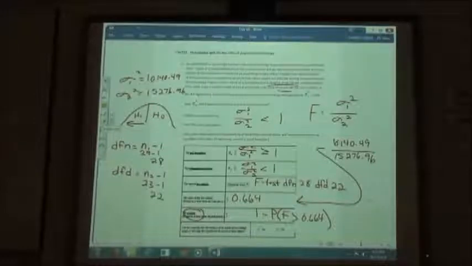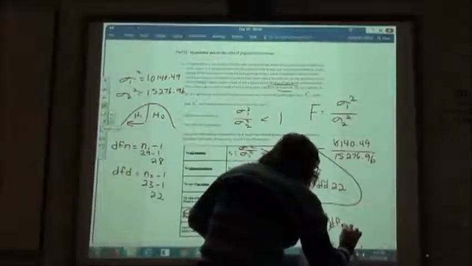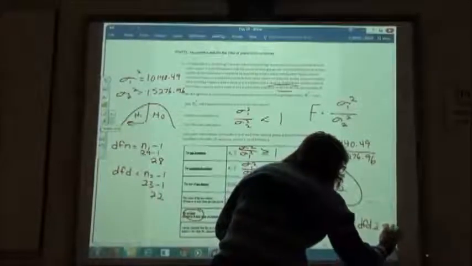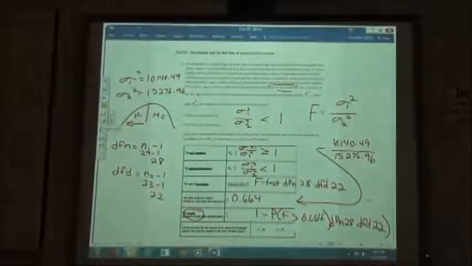So if you do 1 minus p of f is greater than 0.664, whoops, I forgot my degrees of freedom. Degree of freedom in my numerator, 28. Degree of freedom in my denominator, 22. I tried to forget those last time, too. 0.152.